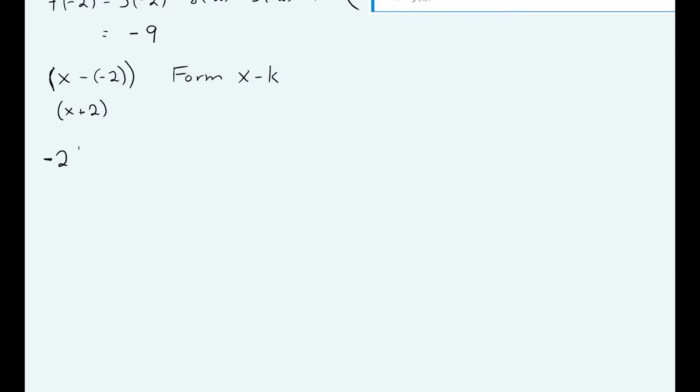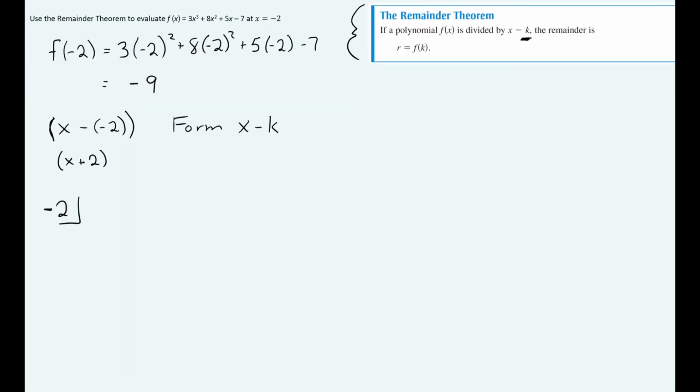I'll put -2 up in my corner and then list out the coefficients: 3, 8, 5, -7, and I represent each power of the exponent, so I'm good to go. Also, keep in mind, we can only do synthetic division when our factor is of the form x plus 2, and the Remainder Theorem only works when it's of that same form, x minus k, so x plus k or x minus k.